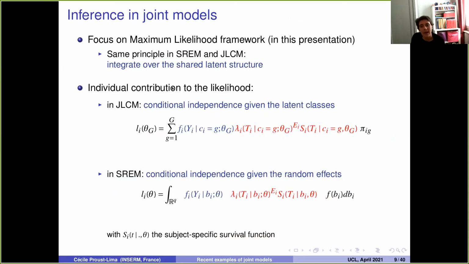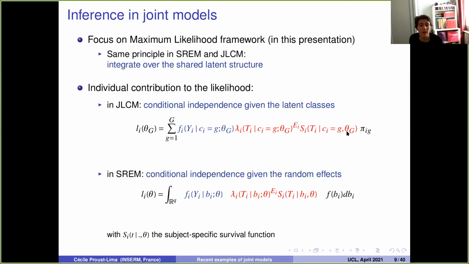So when I define my likelihood, my individual contribution to the likelihood in a joint latent class model, because my latent structure is discrete, I will have a sum over the different latent classes, and then the conditional independence will separate the conditional density of the biomarker given the latent class from the conditional density of the time to event given the latent class, and then the probability of the latent class.